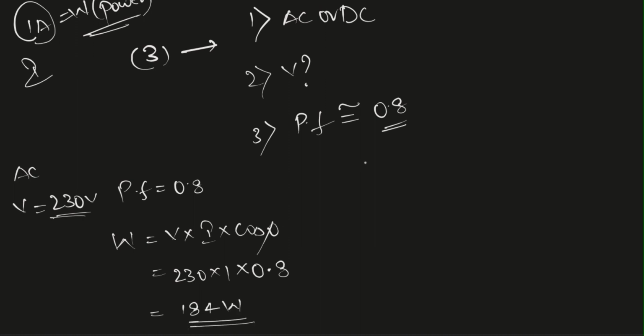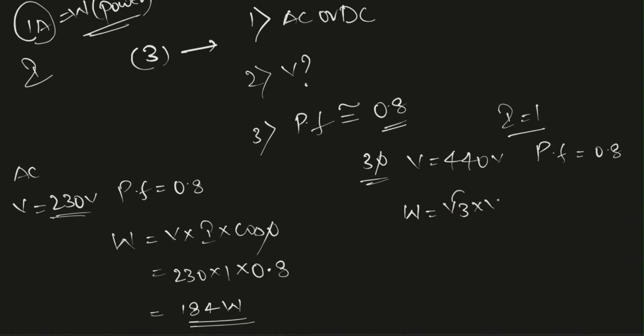When it's a three phase AC supply, your voltage will be 440 volts and your power factor is the same, 0.8. And your current is always 1 because the question is for 1 amp of current, how much wattage you are getting. So in this formula, wattage equals root 3 times V into I into cos phi.